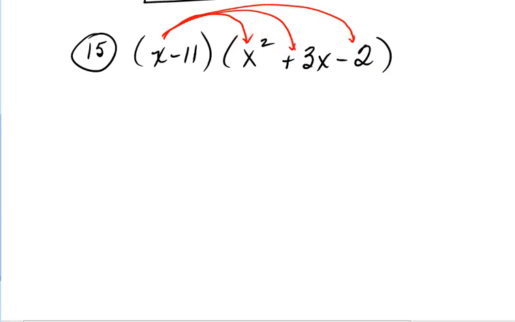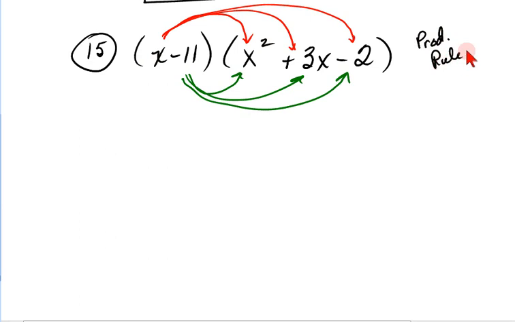When I'm done with that, I will distribute the negative 11 to every term. My preference is to write it down sort of in order as I go along. It's been a few days since we've done these. When I multiply, don't forget, you're still using the product rule. All right, x to the first, which is the plain old x, times x squared gives me x to the third. What is x times 3x?